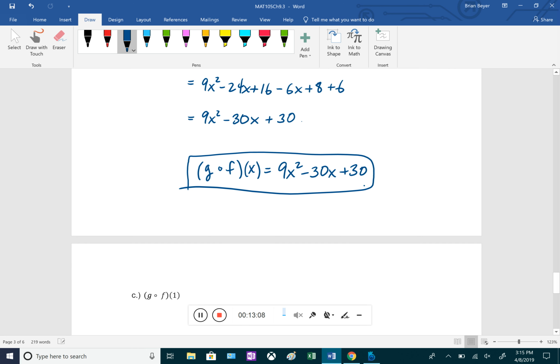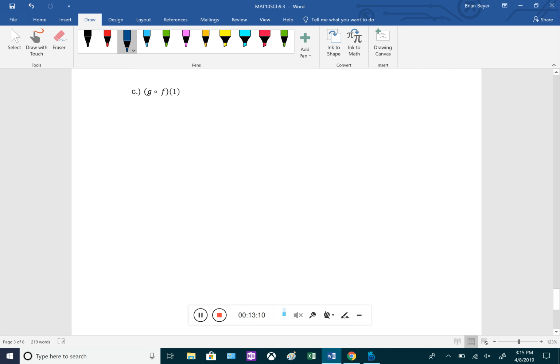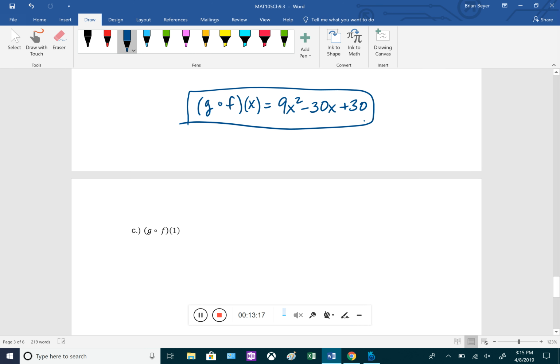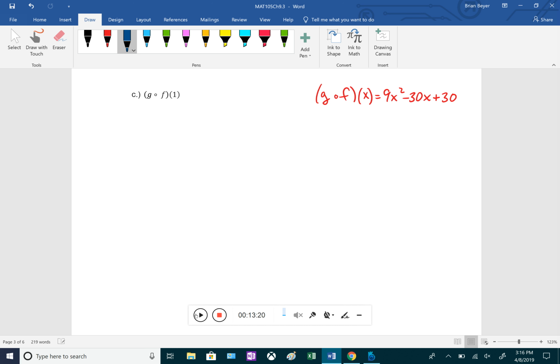And for these last questions here, we want g of f of 1. So we just actually found g of f of x, so I'm going to rewrite that. So all we have to do is plug that in. So it's going to be the same thing as if we wanted to do g of f of 1. So plugging that in that function, it's 9 times 1 squared minus 30 times 1 plus 30.